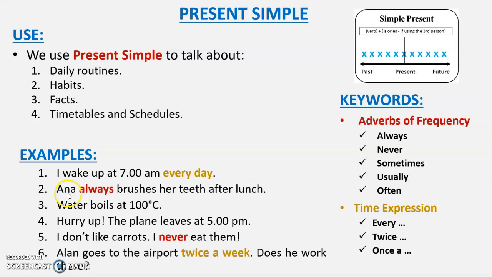Like here, Anna always brushes her teeth after lunch. We add the es to brush. And Alan goes to the airport twice a week. To go, we add es. So this is very easy. Take time for you to understand, to write. But now, let's get to our exercise.